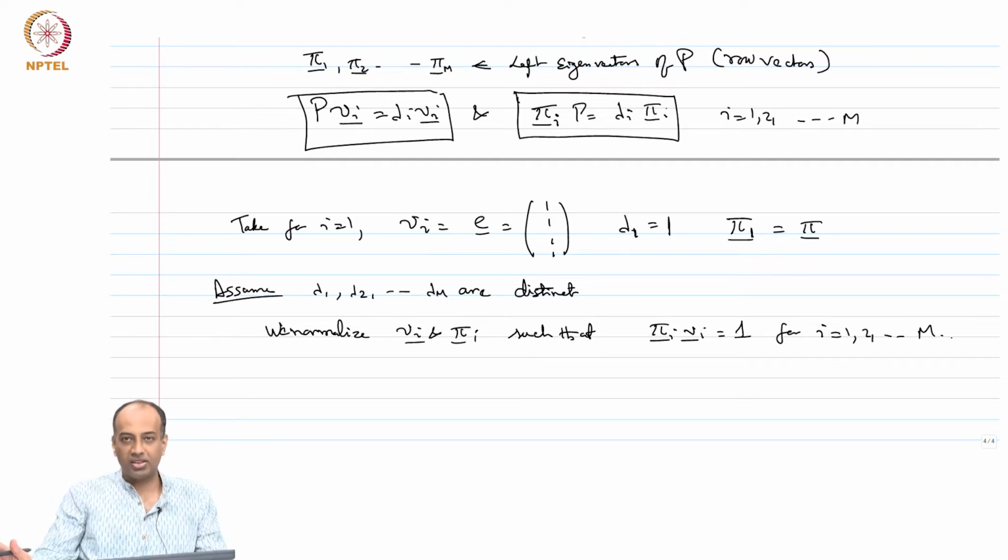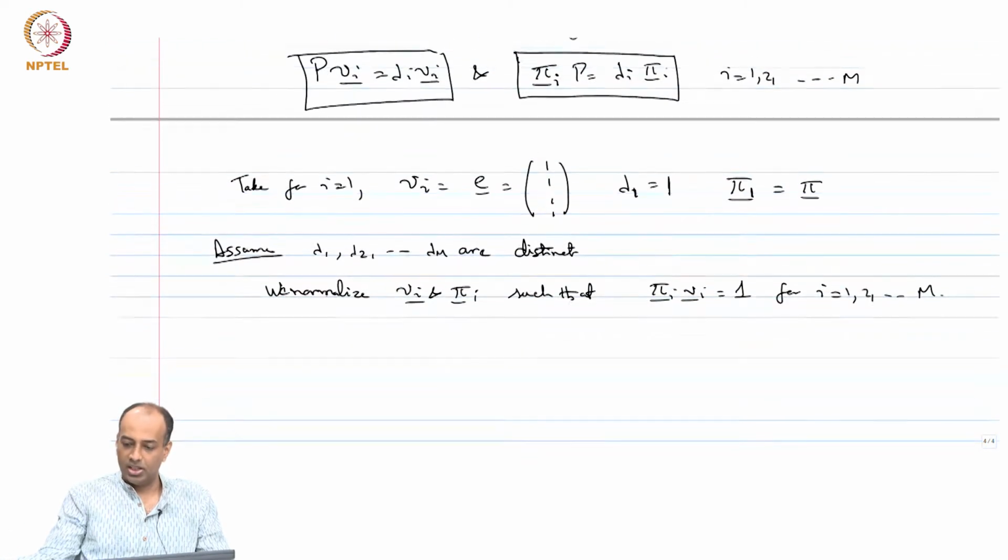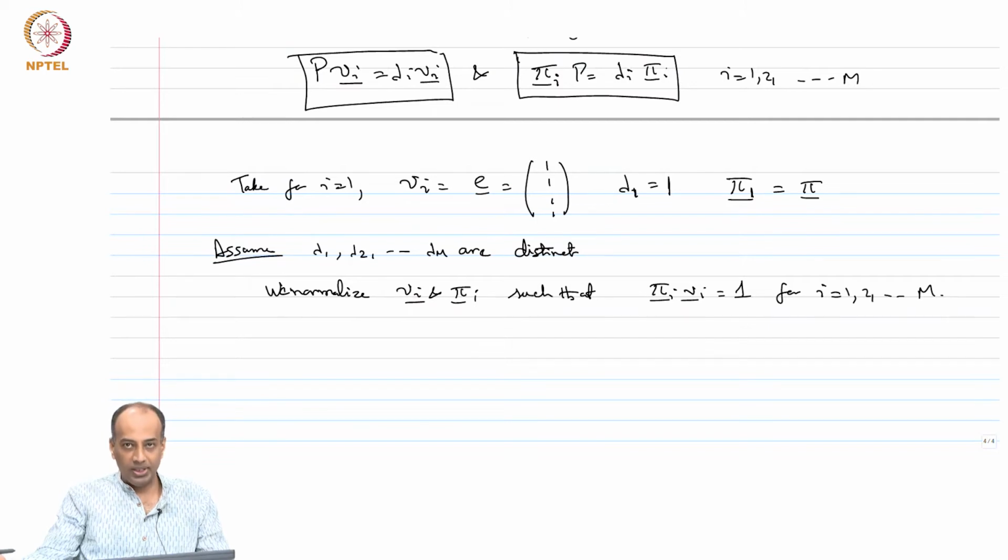These eigenvectors can be scaled such that pi I nu I is equal to 1 for all I. For the special case I equal to 1, this is already true, right. This is just saying that pi E equal to 1, which means that the sum of all the stationary probabilities is equal to 1, which we already know is correct. But we are going to do this for all the eigenvectors.